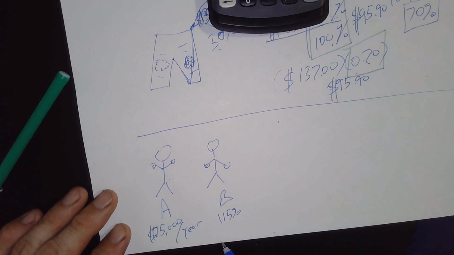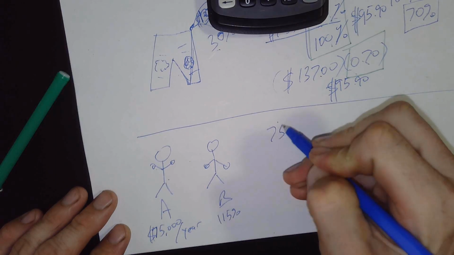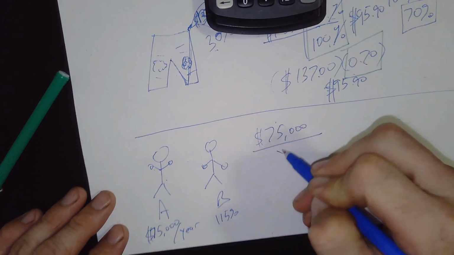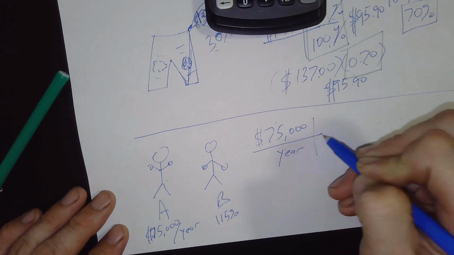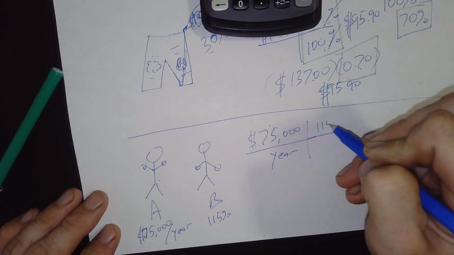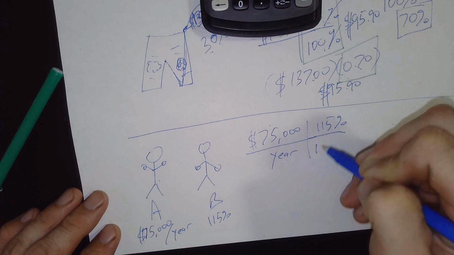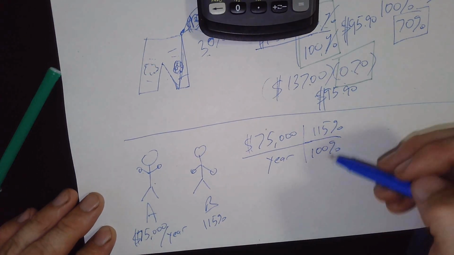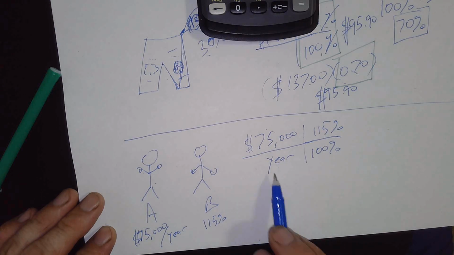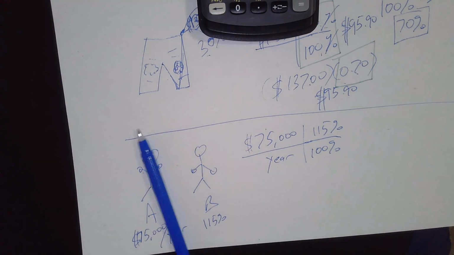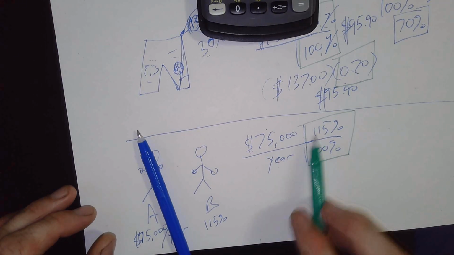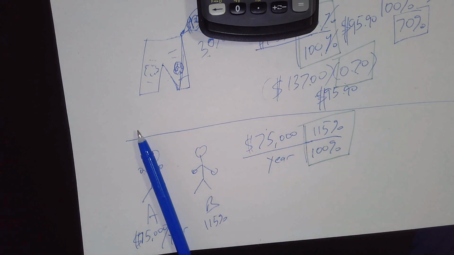Okay, so you just set it up the same way. $75,000 per year, and then you do 115% over 100%, right? That's our ratio. And then you do the math. You can do the green part first, or you can multiply the top and then divide by everything on the bottom, like we did before.